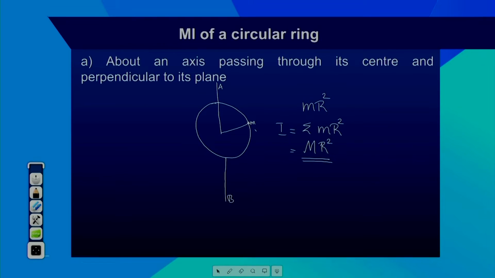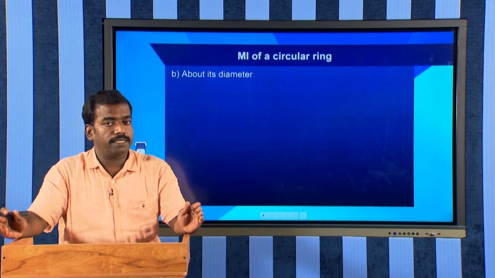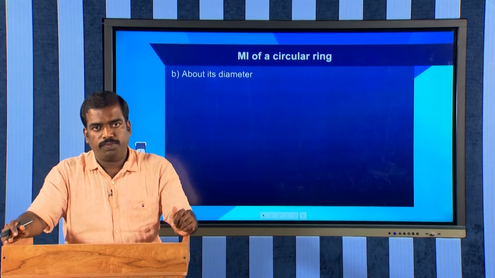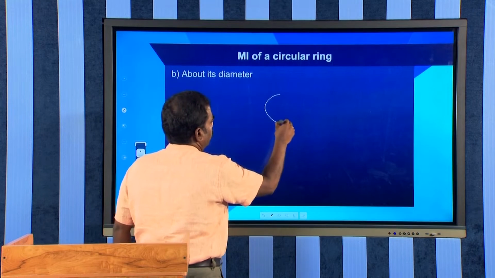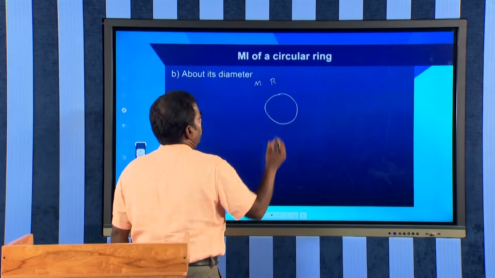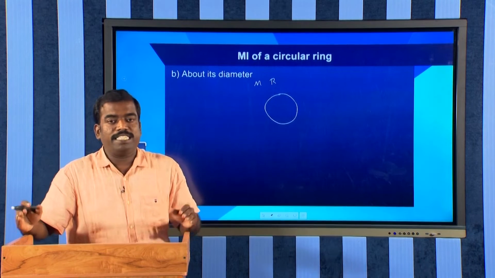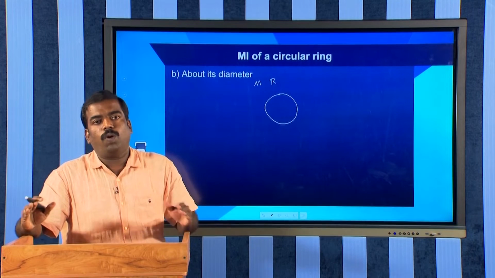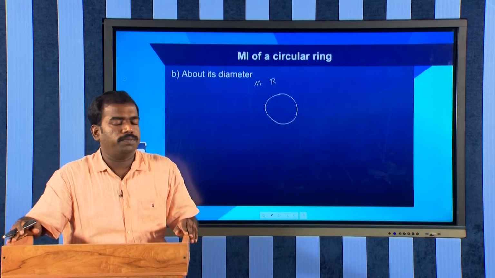Next, we will consider the moment of inertia of the same ring of mass capital M and radius capital R about the diameter. Since the ring is symmetrical about all the diameters, the moment of inertia of the ring about all diameters is equal.